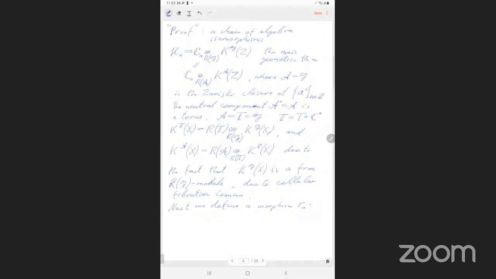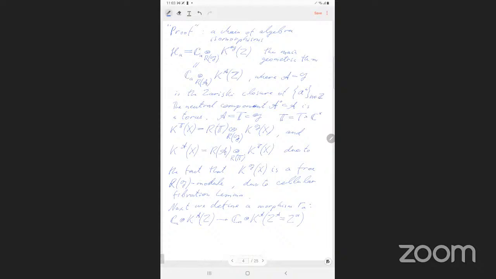So this morphism goes from the specialized equivariant K-theory of the variety of triples to the specialized equivariant K-theory of the fixed point set. And this fixed point set with respect to the Zariski closure is clearly the same as the fixed point set with respect to this single element A.